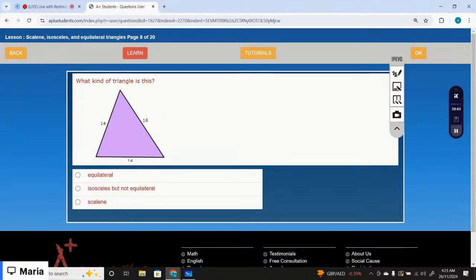What kind of triangle is this? Equilateral, isosceles but not equilateral, scalene. Which is the correct option?